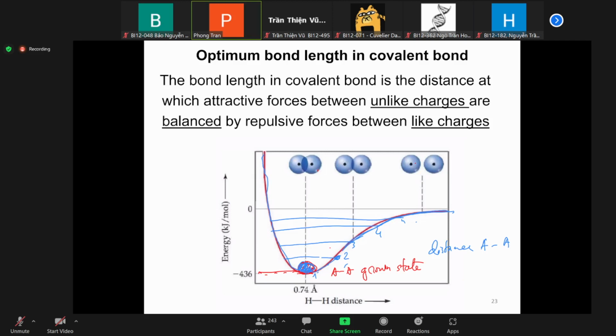The distance between the two atoms gets longer. When you move to the third state, the distance gets even longer. Move to the fourth state, longer. Fifth state, longer. And when you move to the end state, the distance is too far to be considered a chemical bond. That means it breaks the chemical bond.